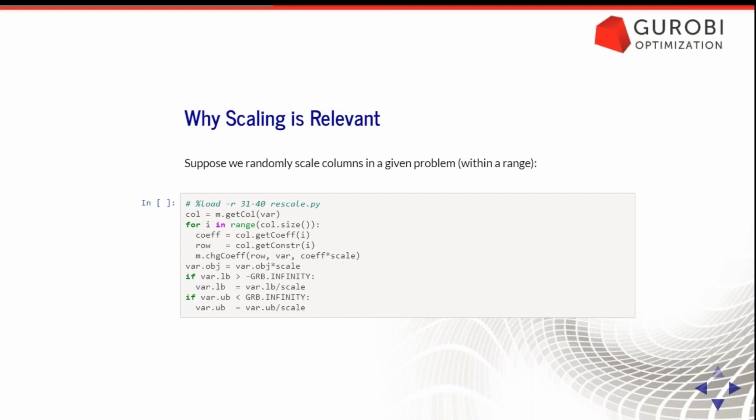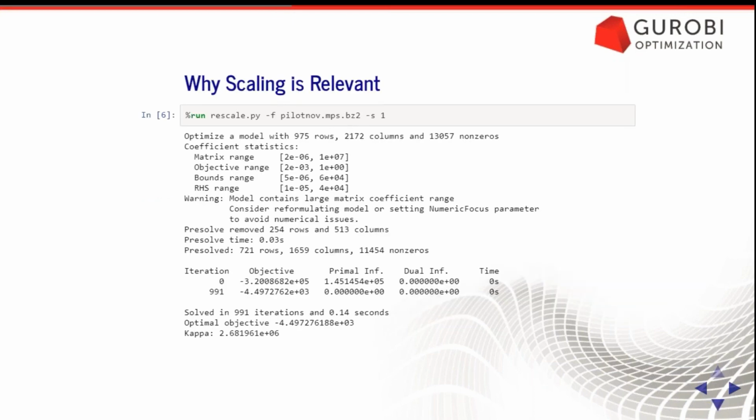I'm going to change the objective and the coefficients, and then adjust the bounds if they are finite, within a range coefficient. I'm going to run this script, and you'll get this script so you can look at it later on. This means I'm going to scale the columns with a factor up to 1, but it could be smaller randomly. And then I let Gurobi optimize the resulting model.